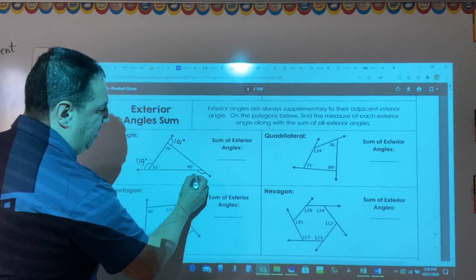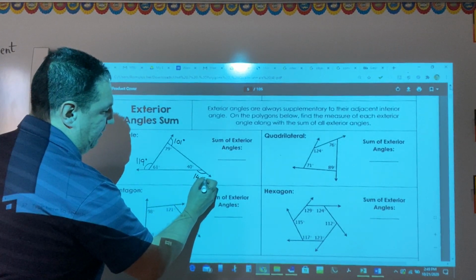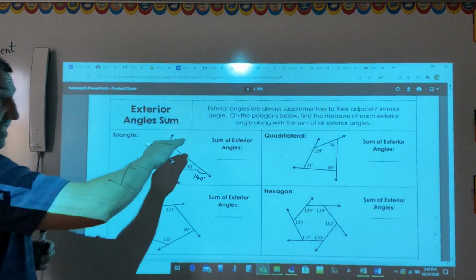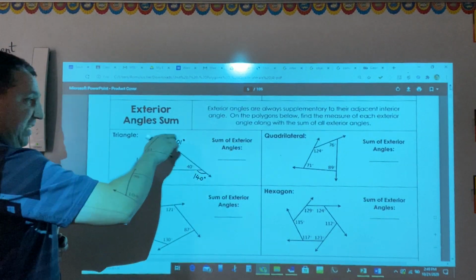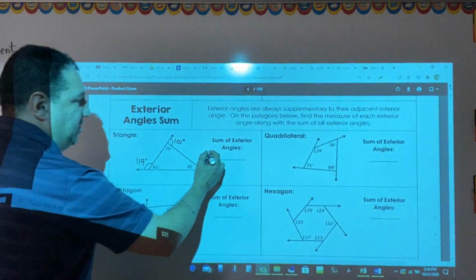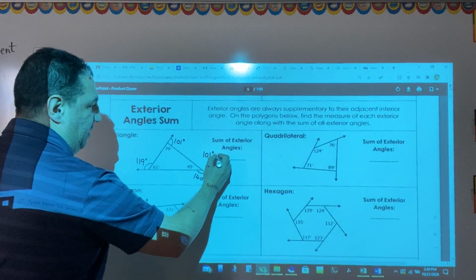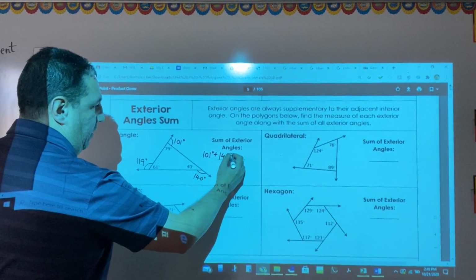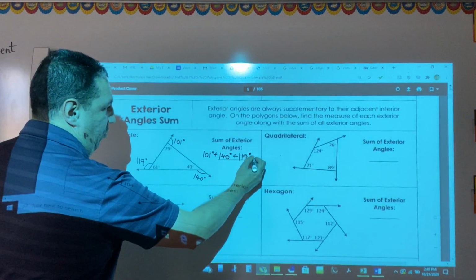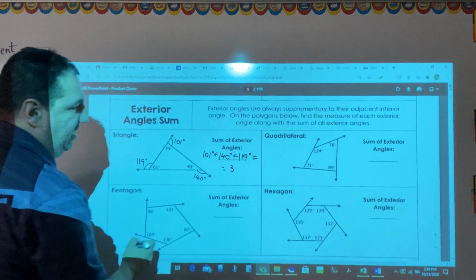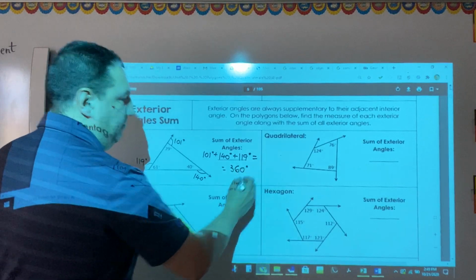And for this one, you're going to have 140 degrees. Now, the sum of exterior angles would be the sum of these angles, right? So, if you add these angles, you'll get 360 degrees.